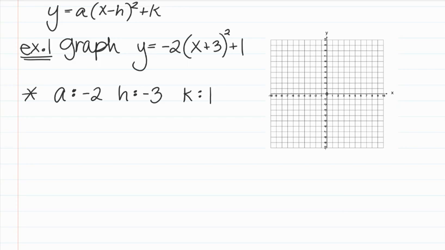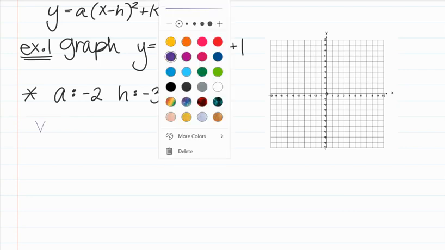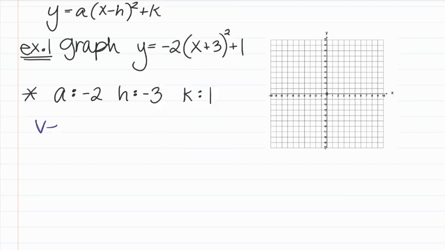So our vertex is (h, k). And you'll notice in the notes, I'll write this basic info first before I start plugging information in.